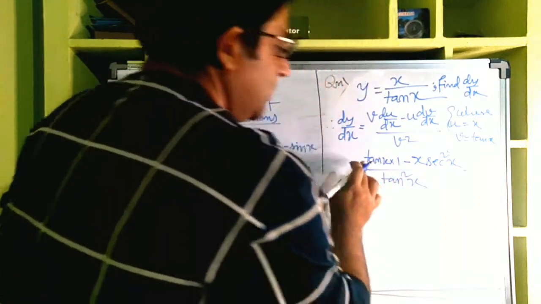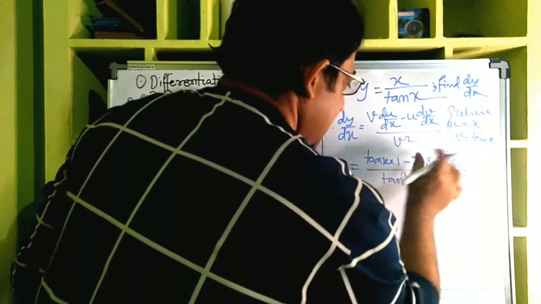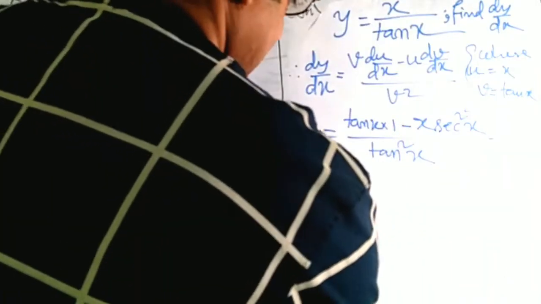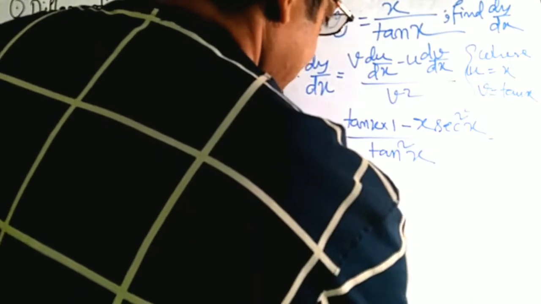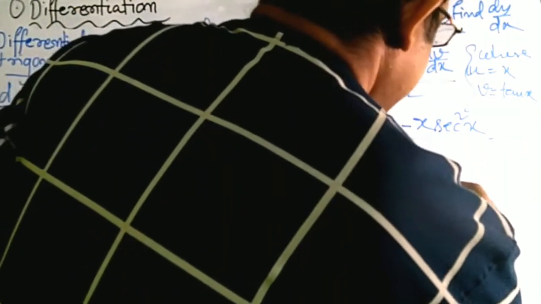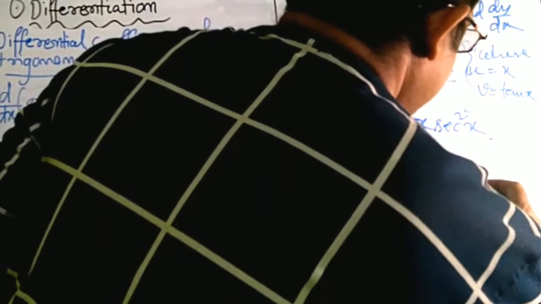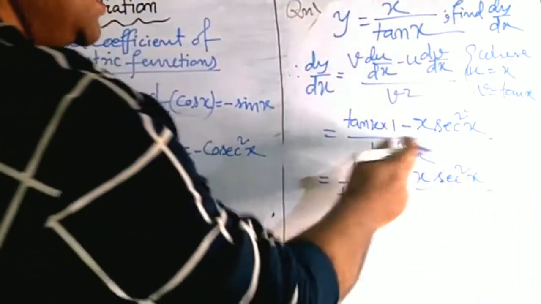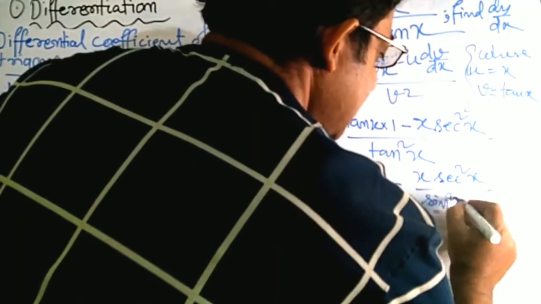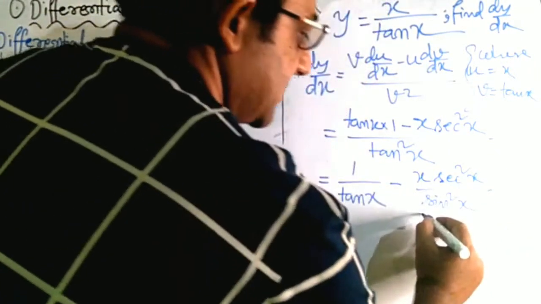So this is equal to tan x by tan square x minus x sec square x by tan square x. So tan x by tan square x is equal to 1 by tan x. Tan square x is tan x into tan x, one tan x got cancelled. So 1 by tan x minus x sec square x divided by tan square x. For tan square x, I can write sin square x by cos square x, right?